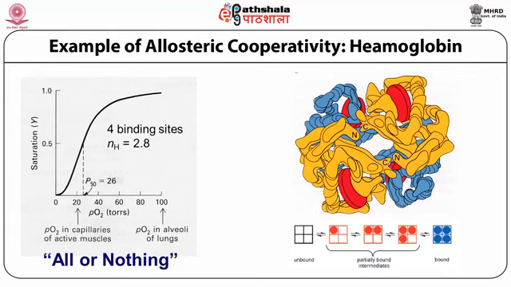That's what you see in the saturation versus oxygen pressure curve. You see it's a quite steep transition, and eta H equals 2.8, which is positive cooperativity. It shows the all-or-nothing behavior.